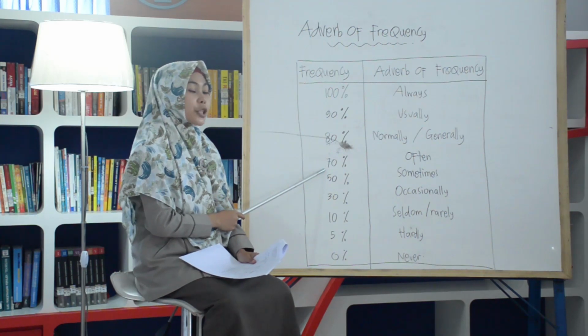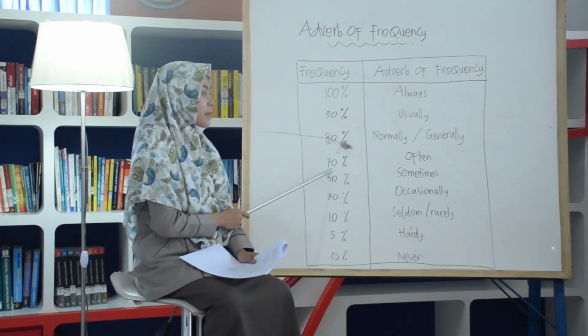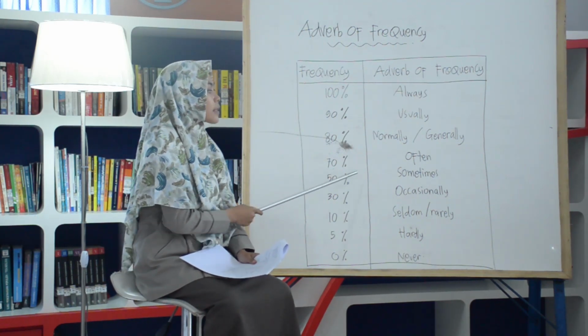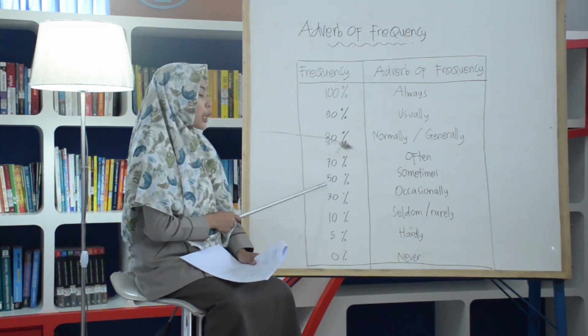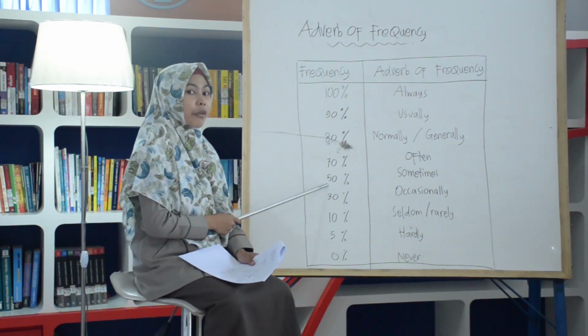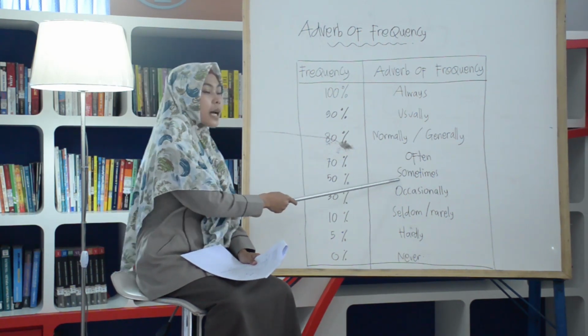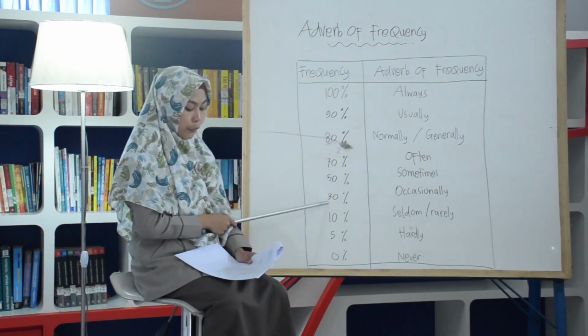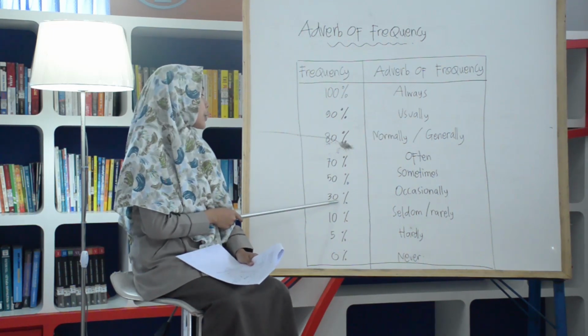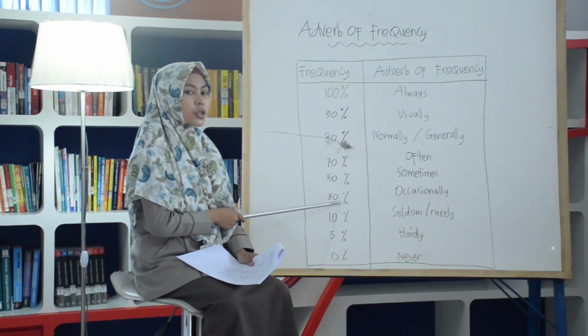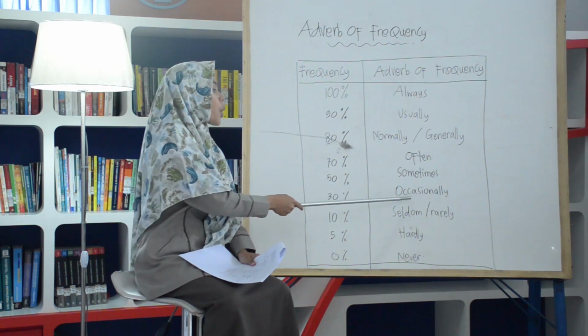If you do an action 70%, you can say often. If you do an action 50%, you can say sometimes. If you do an action 30%, you can say occasionally.